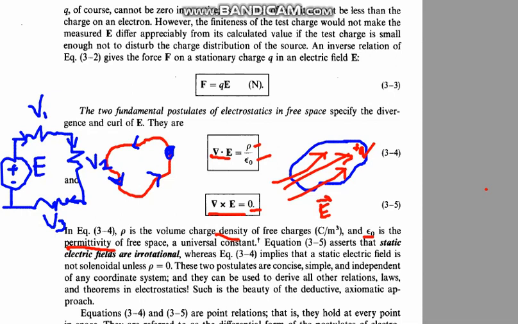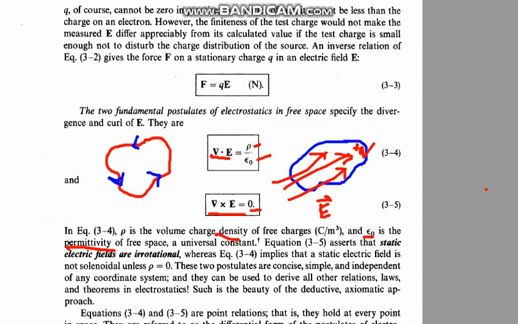That is the similarity between these two theorems. So the curl of the E vector means that if it starts at this point and ends at that point, the total energy loss will be 0. The total summation of the energy loss is zero. That is the curl of the electric field, similar to Kirchhoff's voltage law.